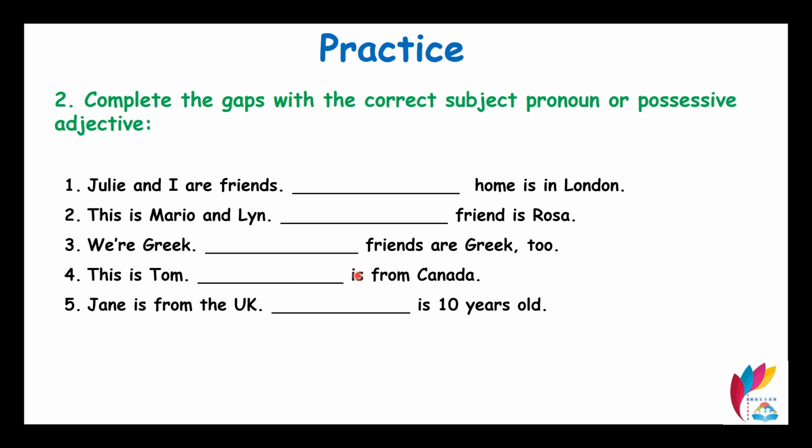He is from Canada. So we have here noun, noun, noun, and here we have a verb. Also here we have a verb. Jane is from the UK. She is 10 years old. So subject pronoun or possessive adjective here. Okay, you will tell me. So now I want you to do the exercise and leave your answers in the comments.